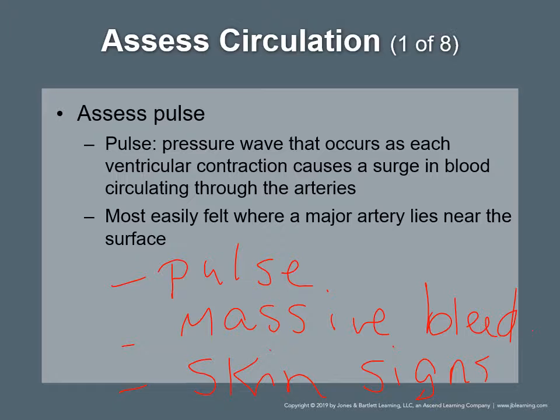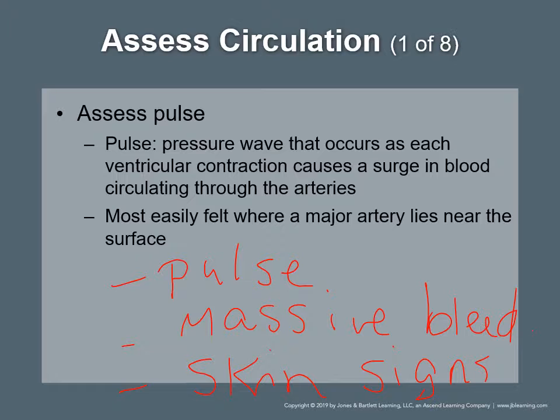So we're going to check our pulse, whether it's too fast, too slow, and adequate, whether there's massive bleeding. If there is massive bleeding, we're going to stop it, and our skin signs. So whether they're different colors than what we normally are, which is pink, warm, and dry. Okay, so what a pulse assessment is, is that pressure wave when that ventricle contracts.